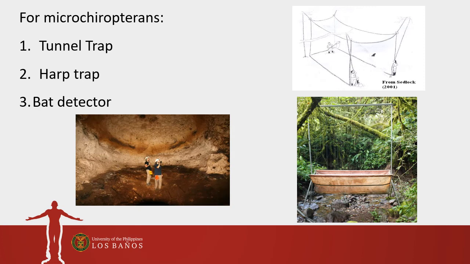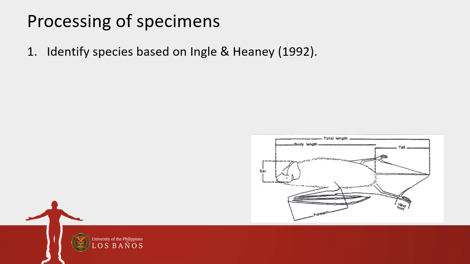For microchiropterans, other methods that may be used are tunnel trap, harp trap, and the use of bat detector. Captured specimens are identified based on Engel and Heaney 1992, which is the key to the bats of the Philippines. You record the species and the number of individuals captured.